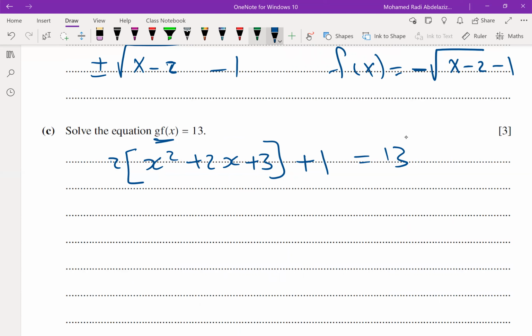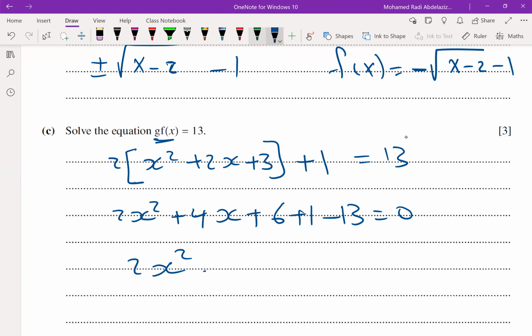By solving the equation: 2x squared plus 2 times 2 is 4x, 2 times 3 is 6, plus 1 minus 13 is equal to 0. We have a quadratic equation: 2x squared plus 4x, 6 and 1 is 7, minus 13 gives -6, is equal to 0.